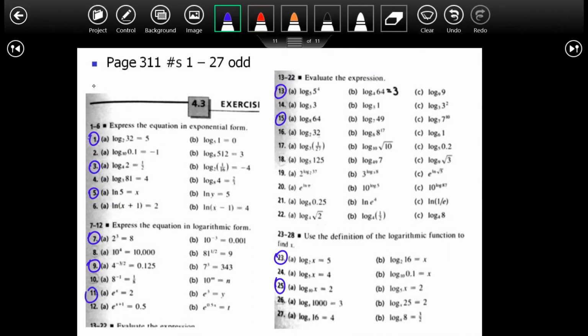The first 6 problems, 1 through 12, you're just converting. So all you're going to do is change it from log to exponential, exponential to log. So these shouldn't be hard, okay? The other ones, you got to be able to evaluate the expressions. So these are using the inverse properties for some of them, and some of them are not. The bottom ones you're going to use the definition of x to solve. So you want to be able to rewrite them in either logarithm or exponential and solve those out. Mostly you're going to convert them back into exponential.